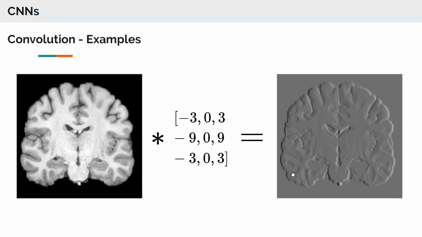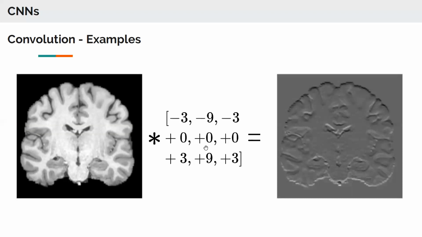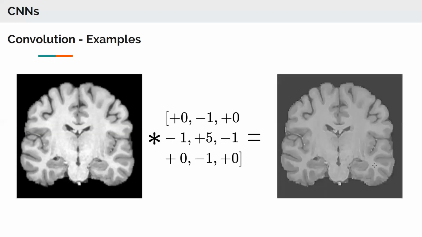And indeed it does. We see that in the output of the convolution operation, these vertical edges kind of are highlighted. And then we can have a horizontal edge detector here, or we could have the convolution operation doing what is known as a sharpening of the image, right?